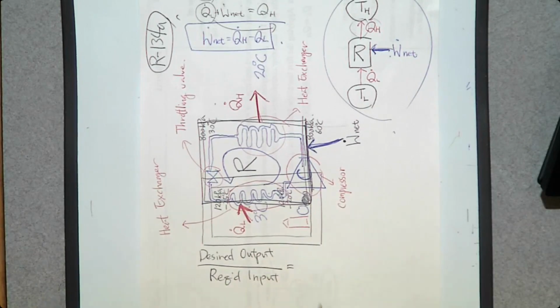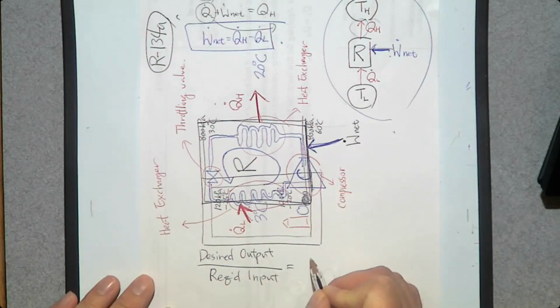So what is desired output? Why do we run this refrigeration system? To consume electricity? To heat kitchen air? No, to absorb heat from the refrigerated space. So what is the heat transfer? Q dot L is our desired output. So we want this to happen, Q dot L.